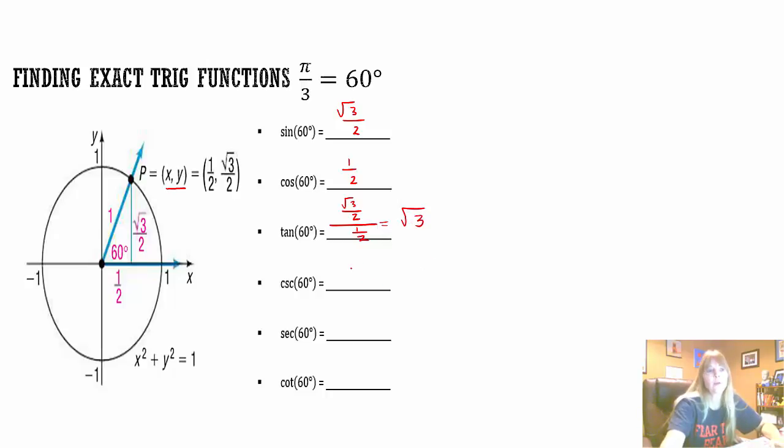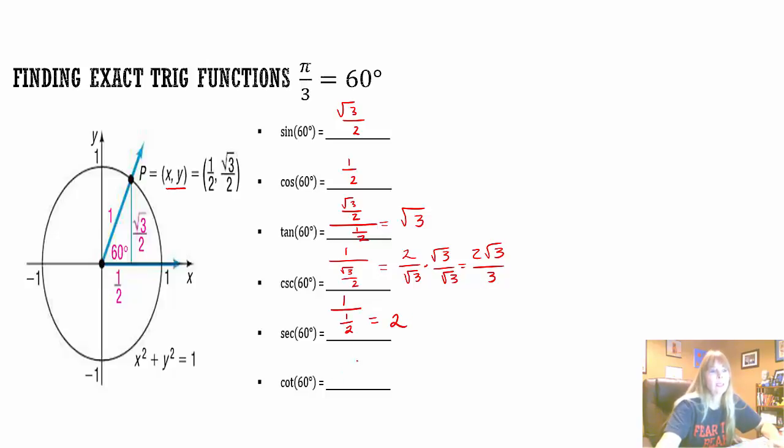If I want to find cosecant, that's 1 over the y value. So the 2 comes up there, rationalize, 2 square roots of 3 over 3. The secant is 1 over my x, so 1 over 1/2. The 2 comes up top, so nicely.